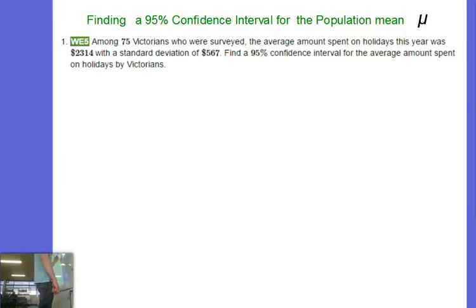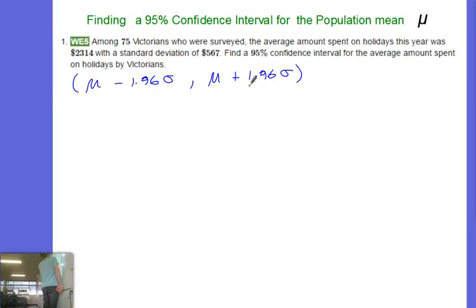In this situation, to find the confidence interval, it's the mean minus 1.96 times the standard deviation, and the mean plus 1.96 times the standard deviation. Now, we're thinking about a measured quantity, the mean value.